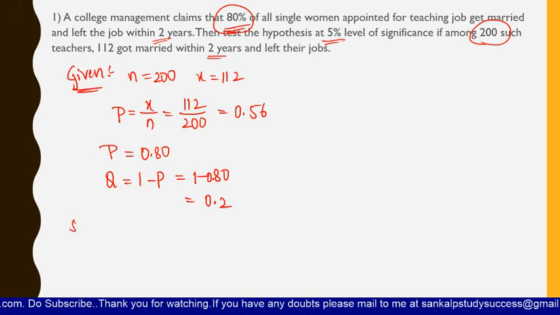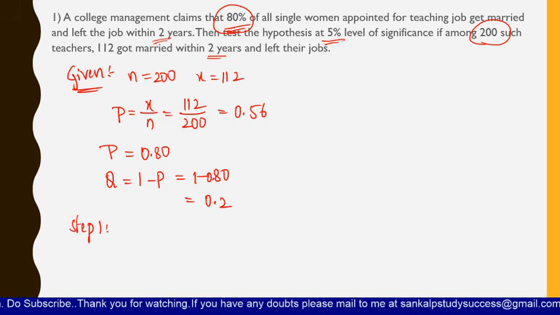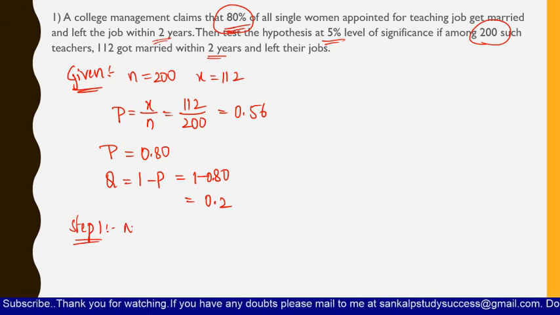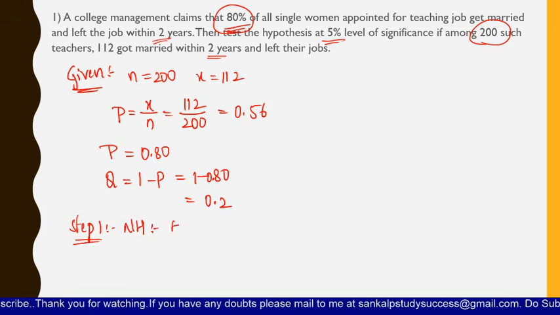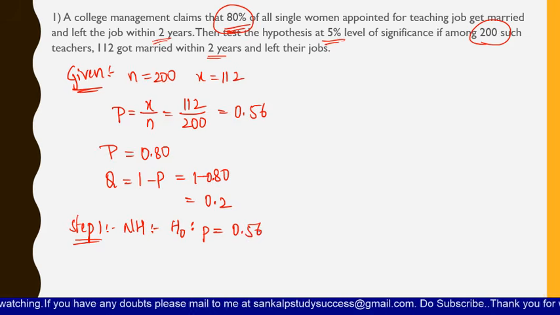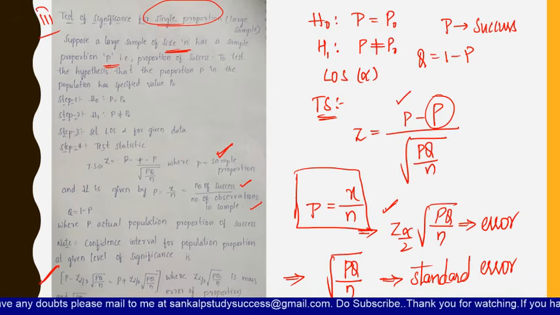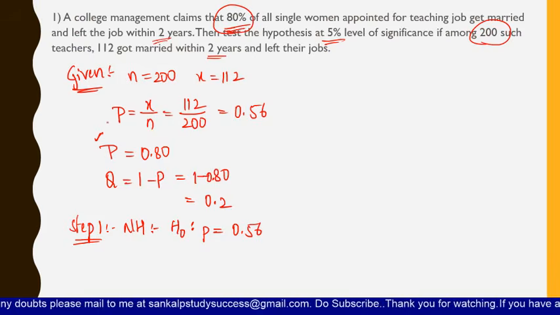Now let us go step by step, where step 1 is nothing but the null hypothesis, which is H naught, which specifies P is equal to P naught, right? Sorry, we have to take the capital P value, right? Here, see, P is equal to P naught, which is the capital P value.